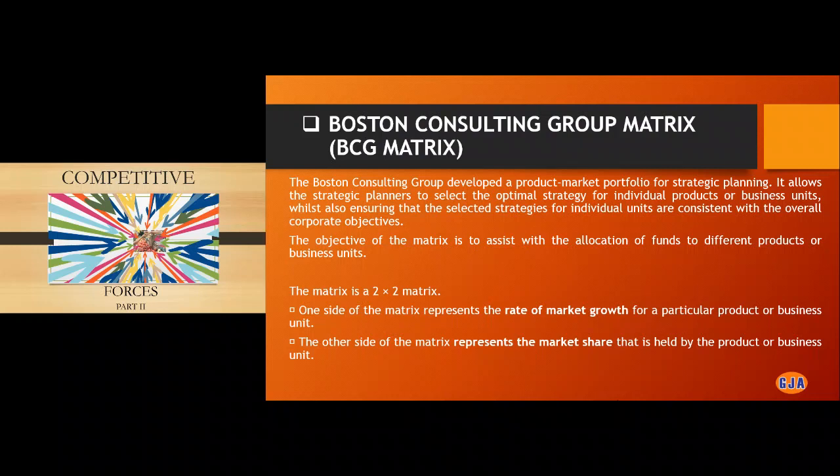The objective of the matrix is to assist with the allocation of funds to different products or business units, so that we will not be spending on a market or a product in a market that is already declining. How should we handle our products at that stage? How should we handle our product at the introductory stage?